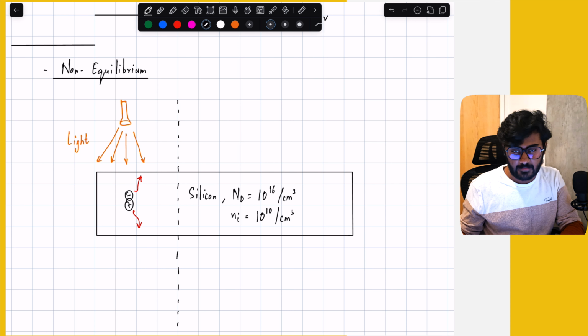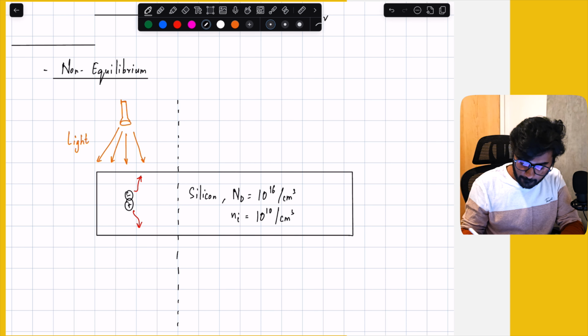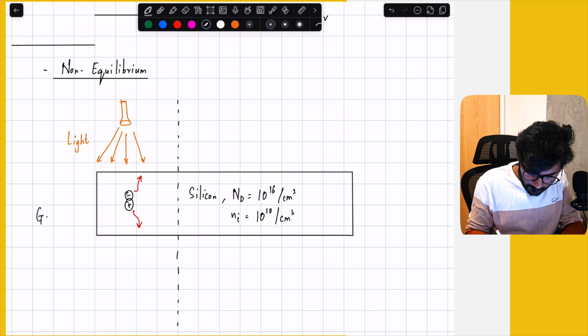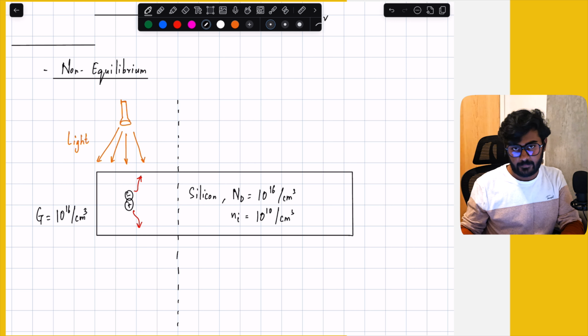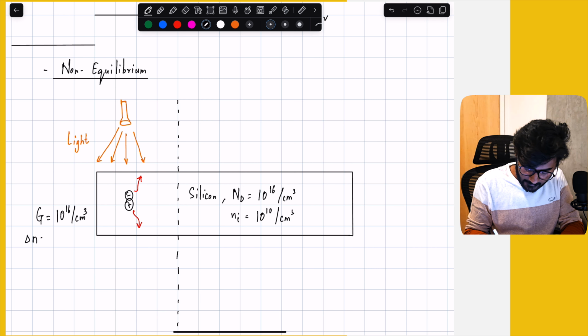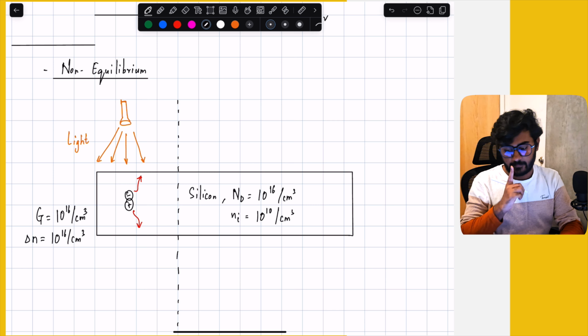And let's say because of the light, the rate of electron-hole pair generation is about 10^16 per cm^3. That is, delta n is 10^16 per cm^3.